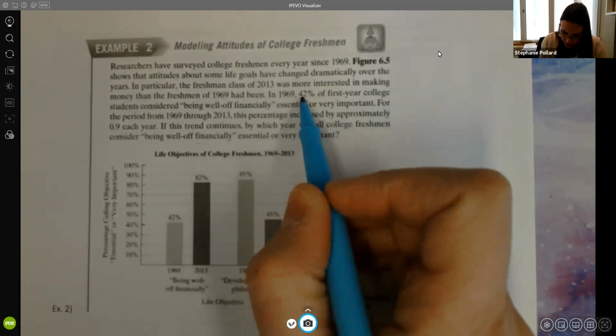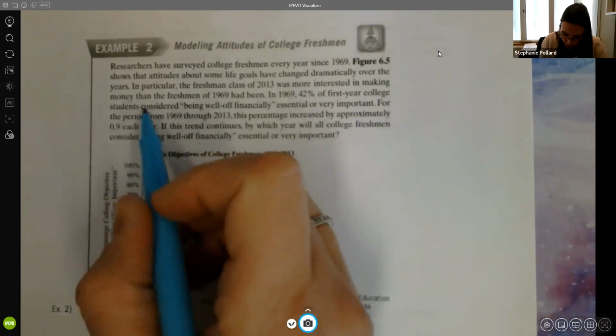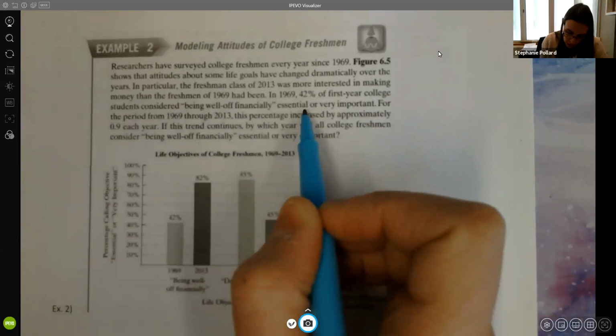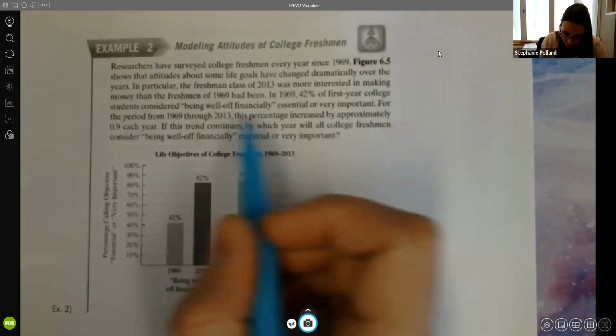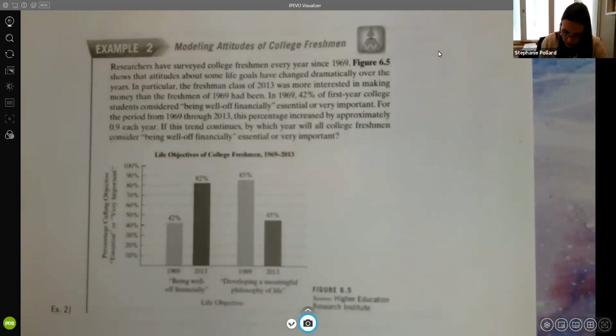So in 1969, 42% of first-year college students considered being well off financially essential or very important. For the period from 1969 through 2013, this percentage increased by approximately 0.9% each year. If this trend continues, by which year will all college freshmen consider being well off financially essential or very important?